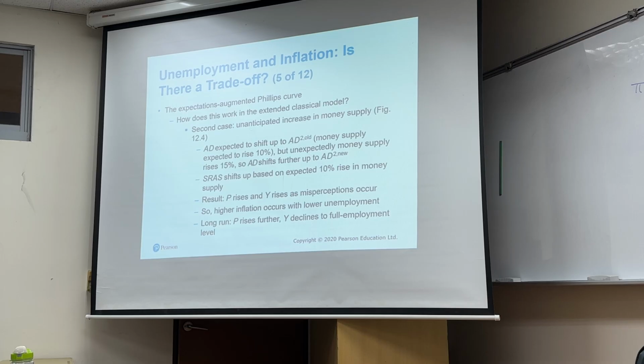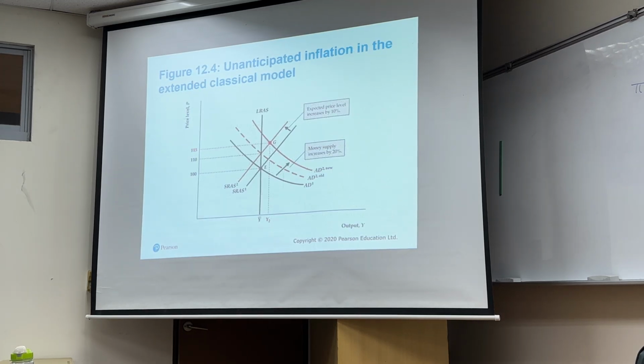When he is looking at his situation, it sounds like the price is going up by 8%, but he didn't realize that actually everything is going up by 8%. So if he did not anticipate it, there is a chance that he can increase production level. And if production level increases, then the unemployment rate will go down. So this is the unanticipated situation, unanticipated inflation.